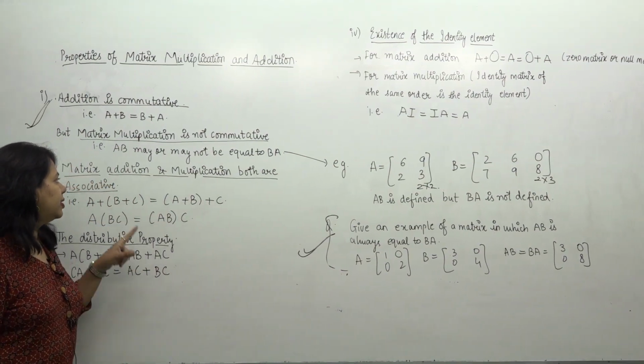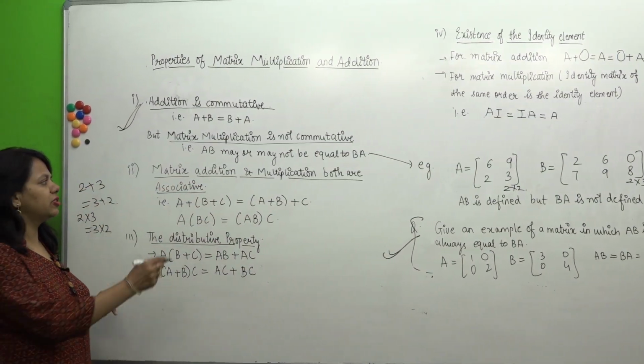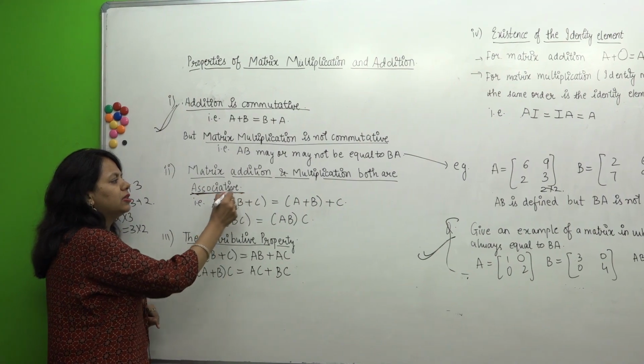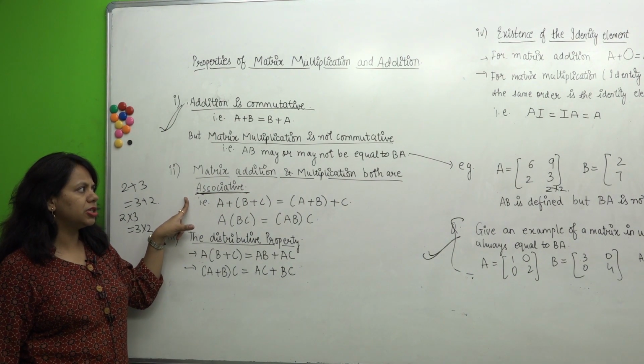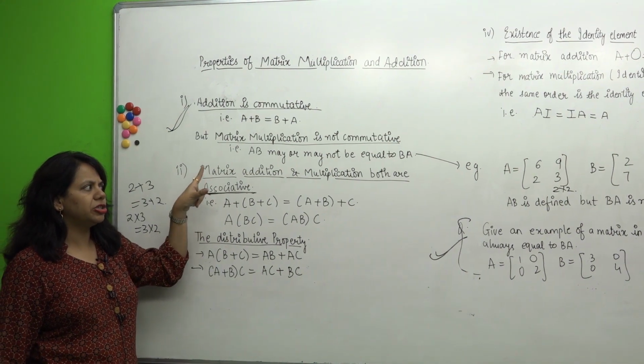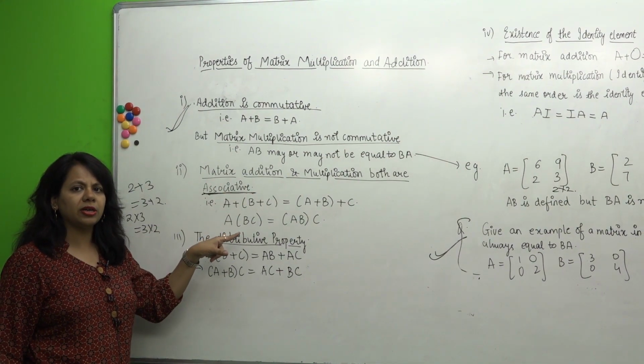Let us move ahead. Now we have the associative property. Please do remember the associative property. Now what's the associative property? You all know matrix addition and multiplication both are associative.